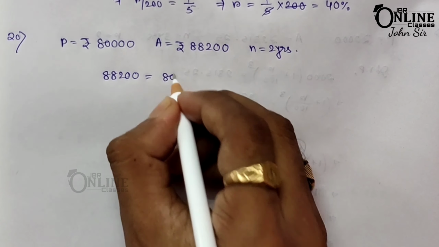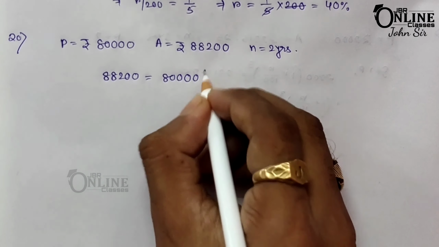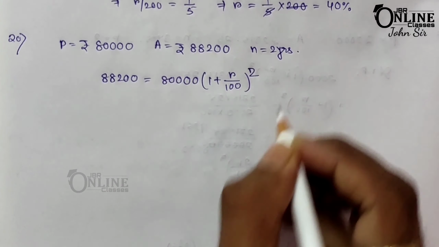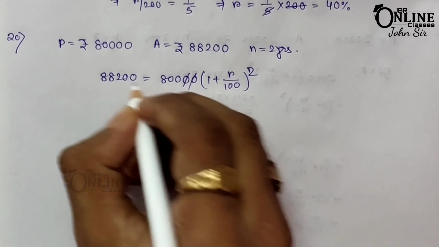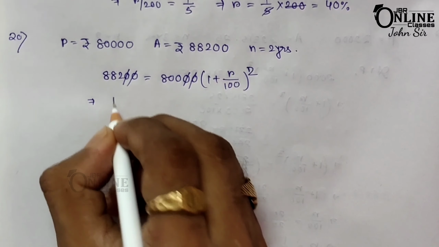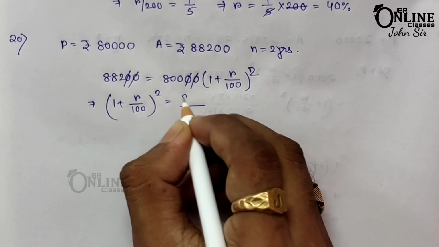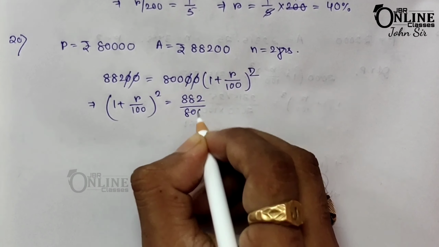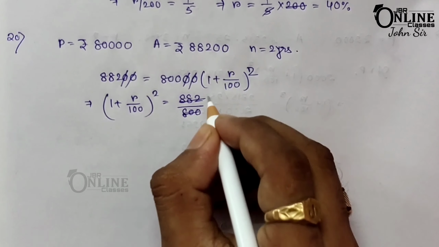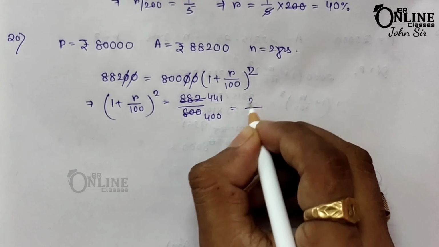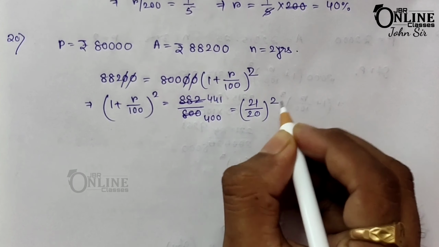88200 is the amount of the principal 80,000, 1 plus R by 100 whole to the power n, meaning 2. So here the zero cancels out, and it becomes 1 plus R by 100 whole square, which equals 882 by 800, so that equals 441 by 400, which is 21 by 20 whole square.